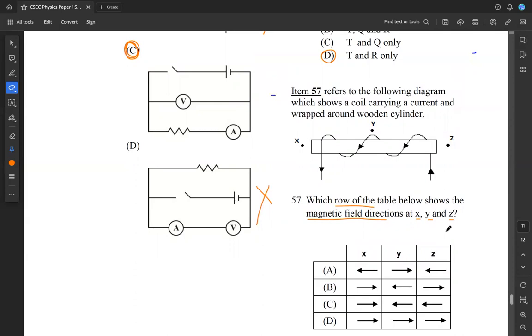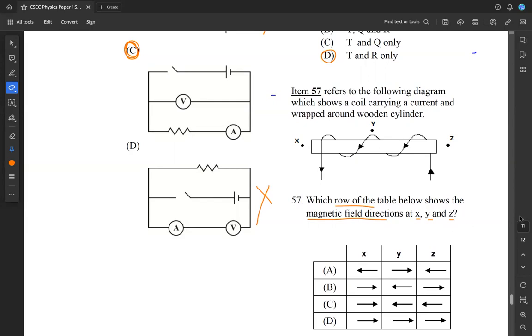So in this particular case, we see that the current is going up and then coming over. So we're gonna curl our 4 fingers on our right hand. We're gonna curl those towards us and under. And wherever the thumb points, the tip of your thumb is gonna be where the North Pole is, right?